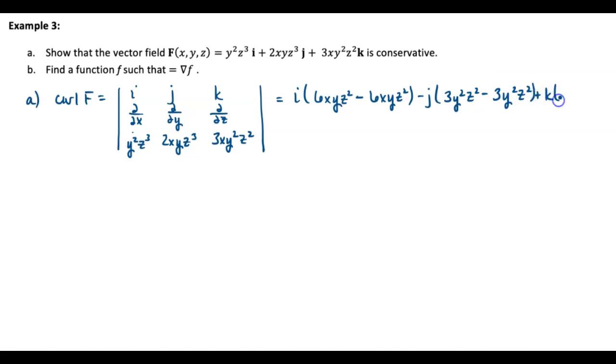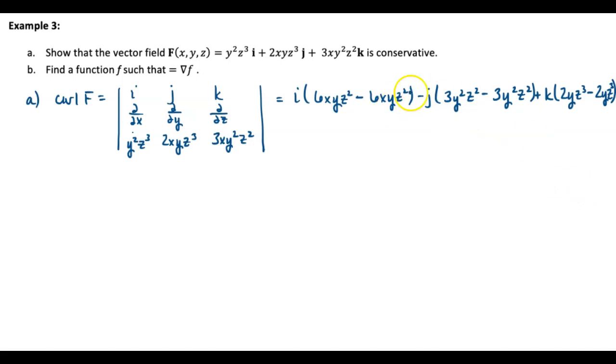And finally, the k component is going to be the partial with respect to x of 2xyz cubed, which is just 2yz cubed, minus the partial with respect to y of y squared z cubed, which is 2yz cubed.